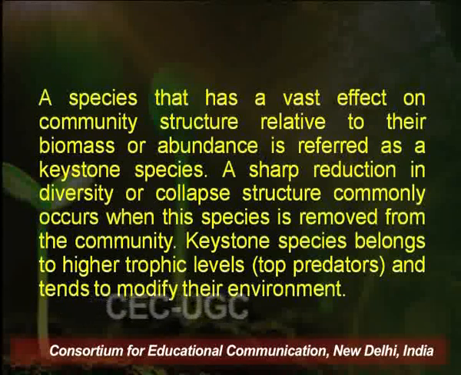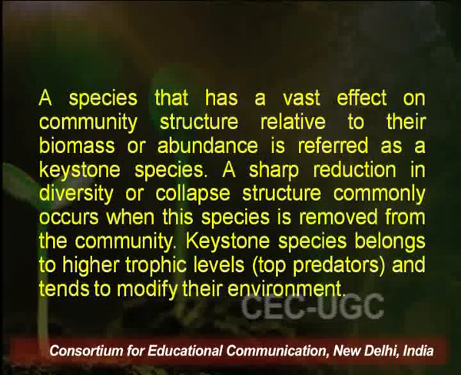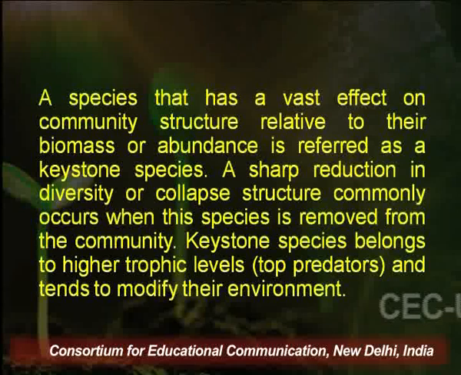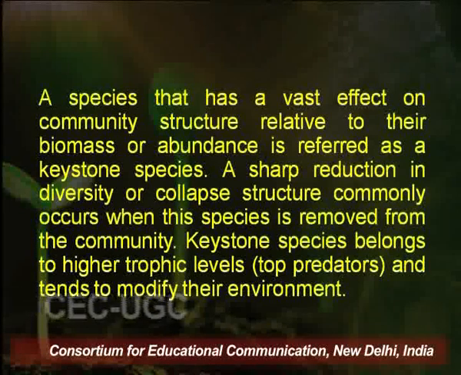Basically, a keystone species belongs to higher trophic levels and, independent of biomass, tends to modify or impact the environment. A sharp reduction in diversity or collapse of structure commonly occurs when this species is removed from the community. That is why it is known as a keystone species. I will give an example.